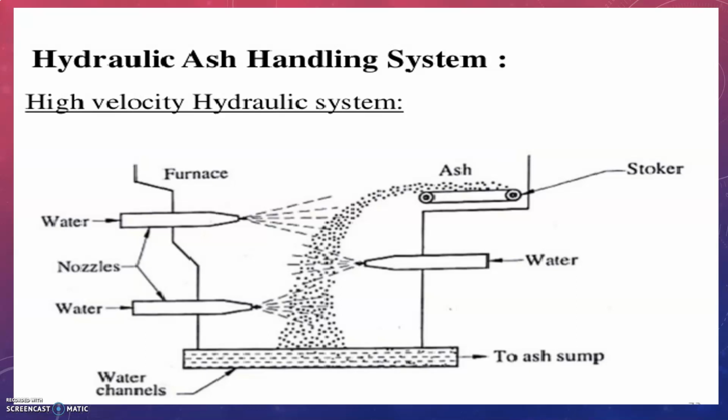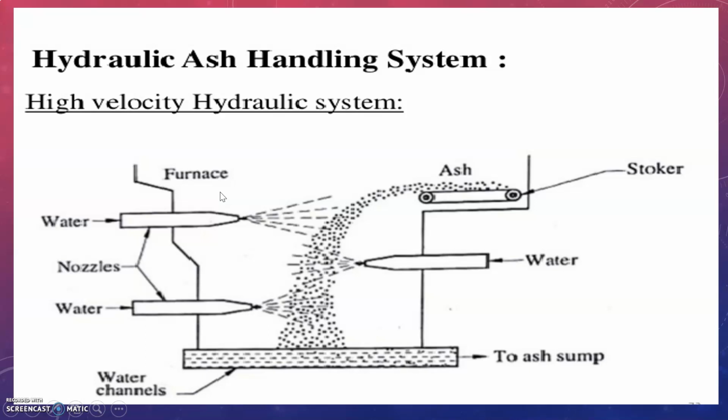Next is the hydraulic ash handling system. In hydraulic systems, the ash is removed by using water through a channel and finally dumped into the sump. Right? So the hoppers below the boilers are fitted with nozzles at the top and on the sides. These are the nozzles, you can see. The top nozzle is used to quench the ash with water and the side nozzle is to force the ash.